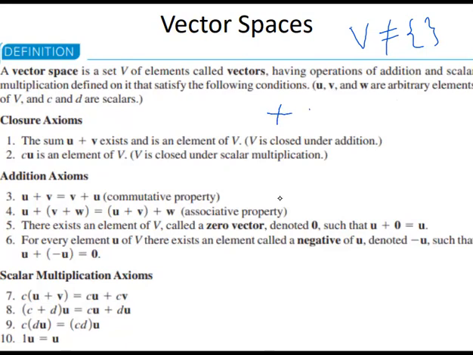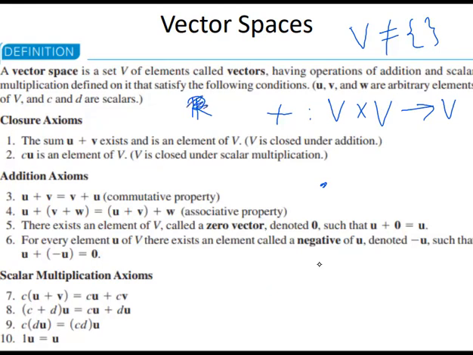Plus is defined between elements of V and V, and we get another element which belongs to this set. This is called vector addition, and scalar multiplication. And we consider F, the field.